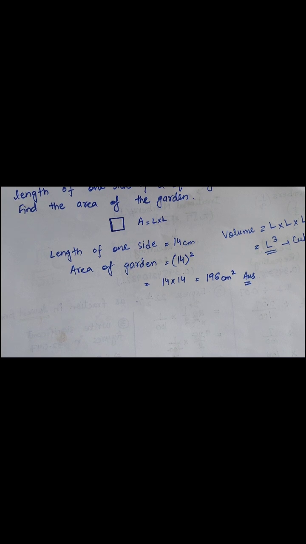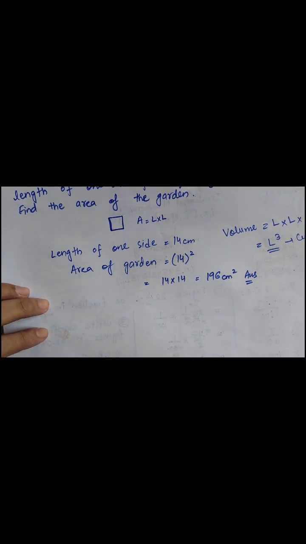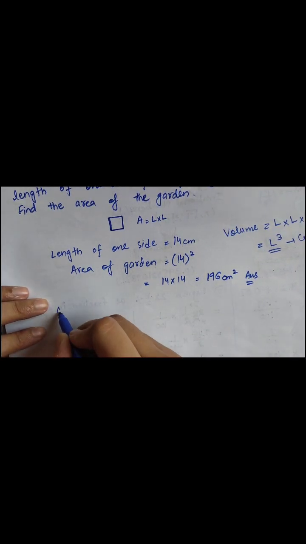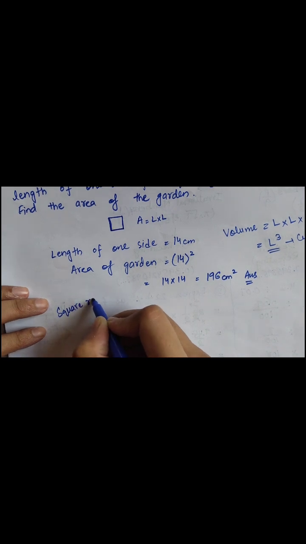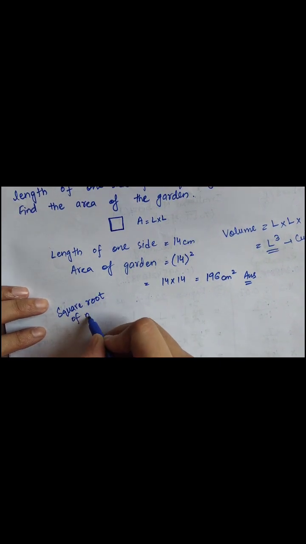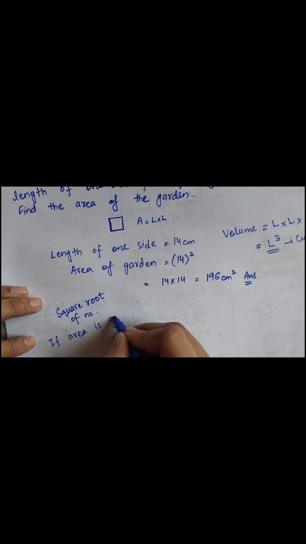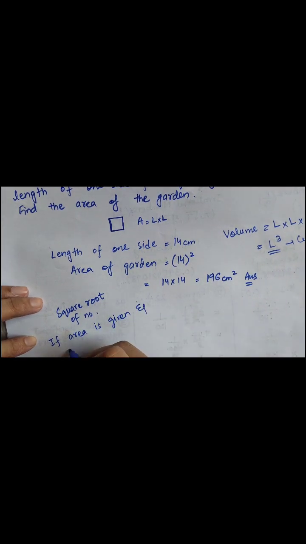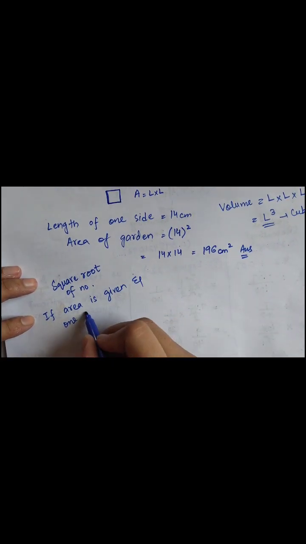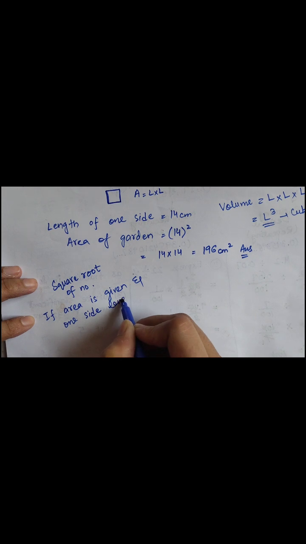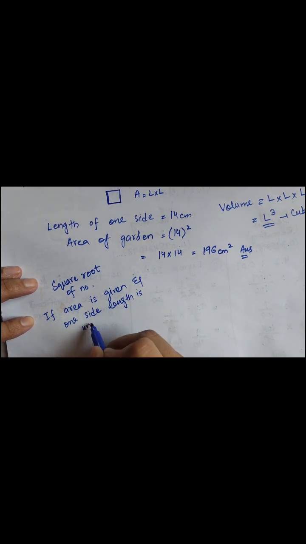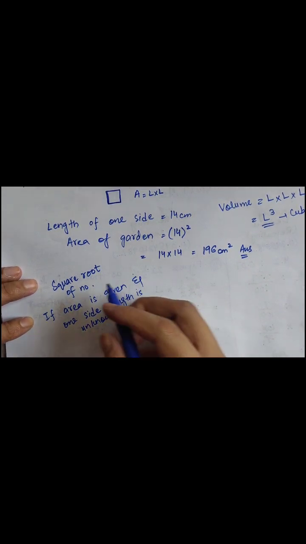Similarly, if we are given the area of the garden and we have to find the length of one side, we have to take the square root of the number. If area is given and one side length is unknown, you have to take the square root.